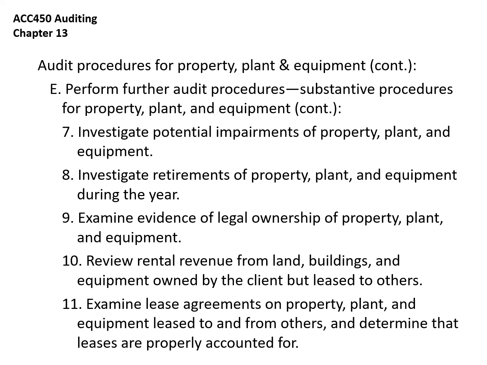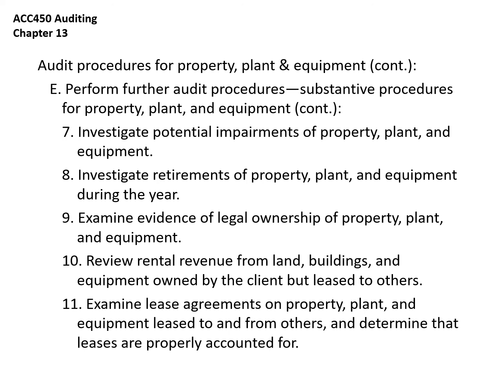We would examine evidence of legal ownership, like looking at the titles to vehicles, looking at deeds to buildings, looking at actual invoices from suppliers to make sure the equipment was paid for, all of that. We would review rental revenue from equipment or buildings that we own that we lease out to others.